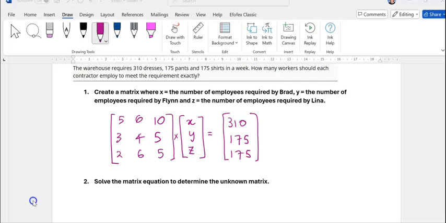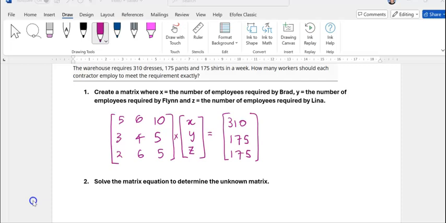So the one that I need to figure out is the column matrix that I've called X, Y, Z. So X, that unknown there, represents the number of employees required by Brad, Y is the number required by Flynn, and Z is the number required by Lena. If I can solve that matrix equation and find out what X, Y and Z is, then obviously I know how many employees are required by Brad, Flynn and Lena.